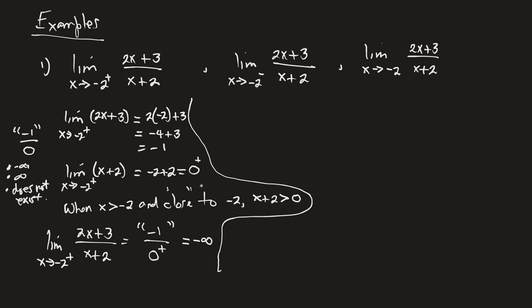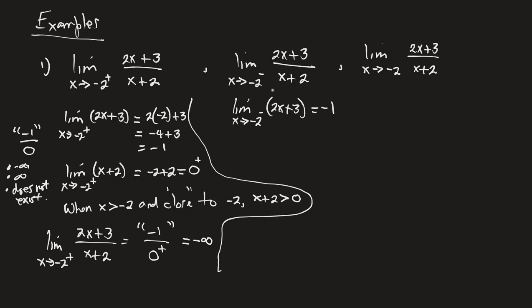What about from the left? Well, from the left, this is still true, right? So as you approach -2 minus, and then you have your linear function 2x + 3, that's still equal to -1.